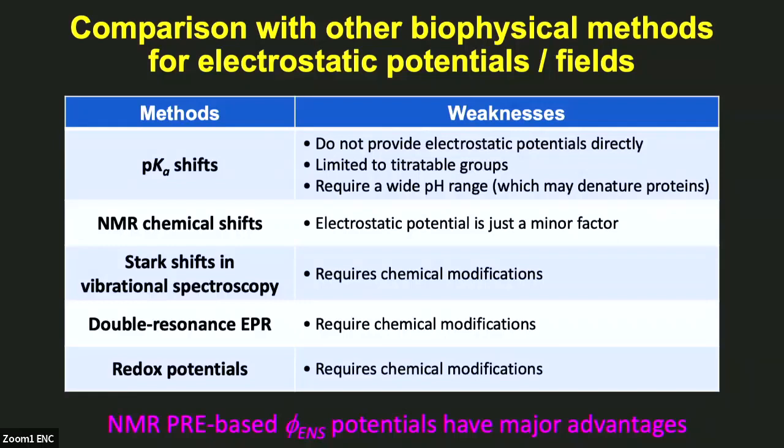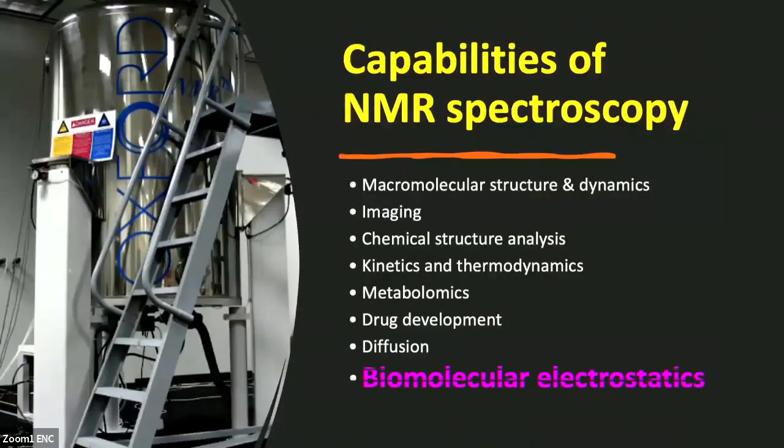But the major drawback of this method is that it still requires chemical modifications. The same thing is true for double resonance EPR or redox potential-based assessment of electrostatic potentials. They all require chemical modifications, but our method does not. So our method has major advantages over other methods for electrostatic potentials. With that, we believe that this methodology adds a unique capability to NMR spectroscopy.